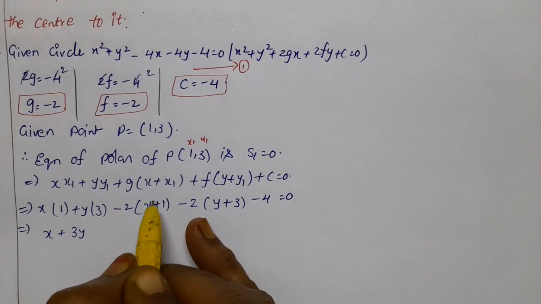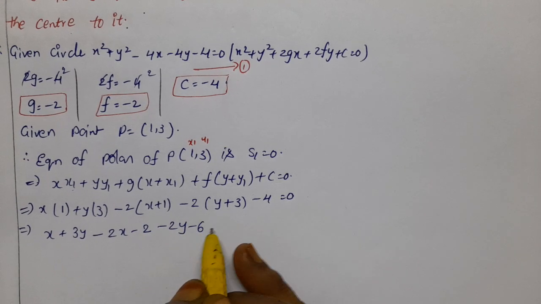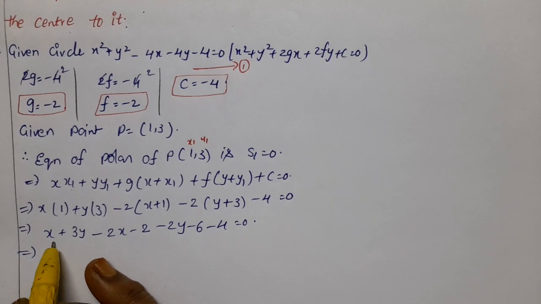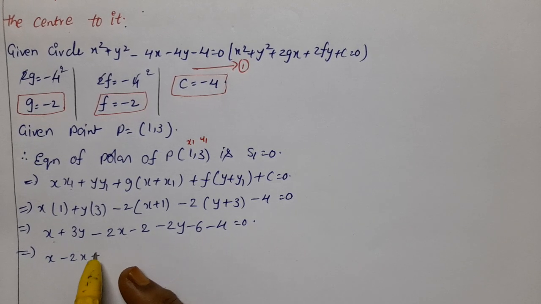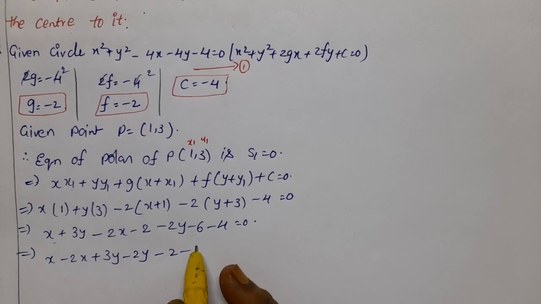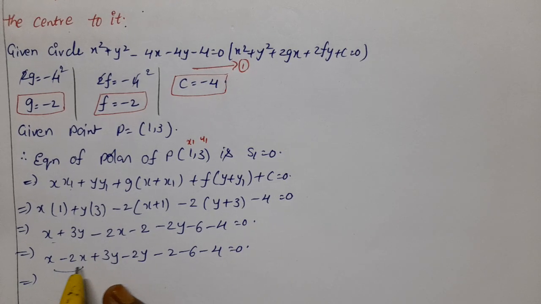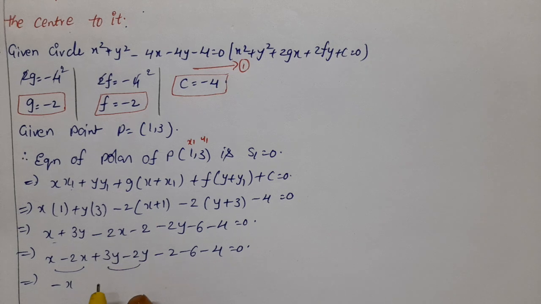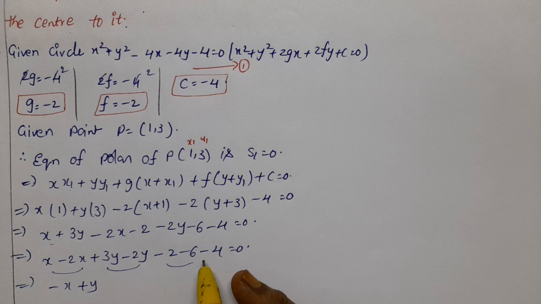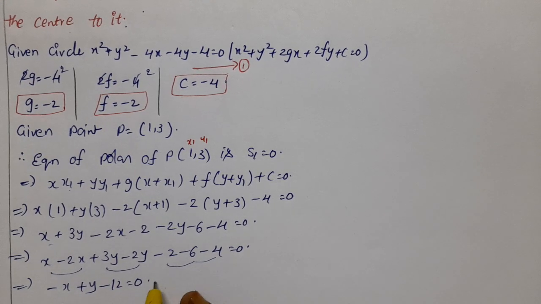Multiply with −2: these terms give −2x − 2 − 2y − 6 − 4 = 0. So x − 2x + 3y − 2y − 2 − 6 − 4 = 0, which is x − 2x = −x, 3y − 2y = y, and −2 − 6 − 4 = −12, so −x + y − 12 = 0.